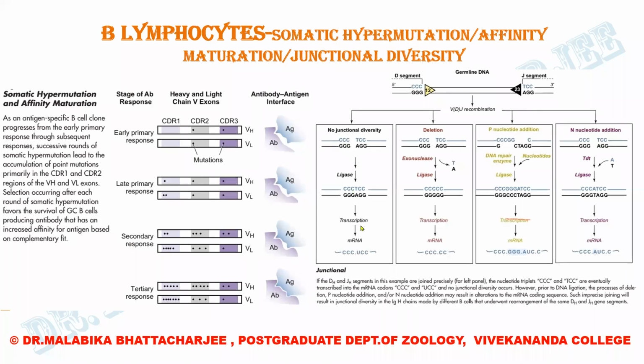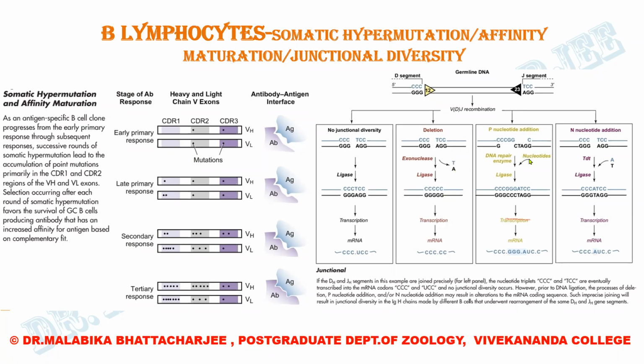You can see the joining is exact, but we can have deletions, so a TA portion is deleted out. You can see the junction is differing from the original junction.